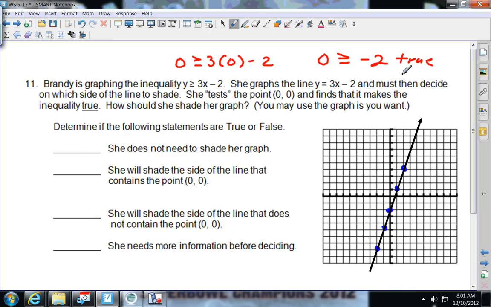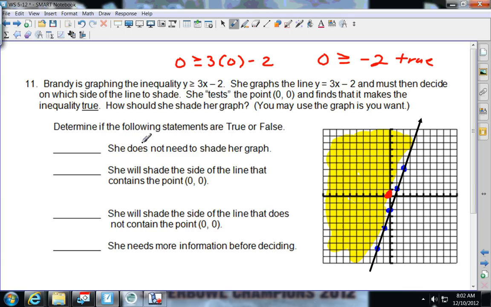If something is true, it's a solution, and if it's a solution, it's in the shaded area. That means the side with 0, 0 is in the shaded area. That's one of the ways you can figure out which side to shade. You pick a point, substitute it into the inequality, and if it makes it true, that's the side you shade.